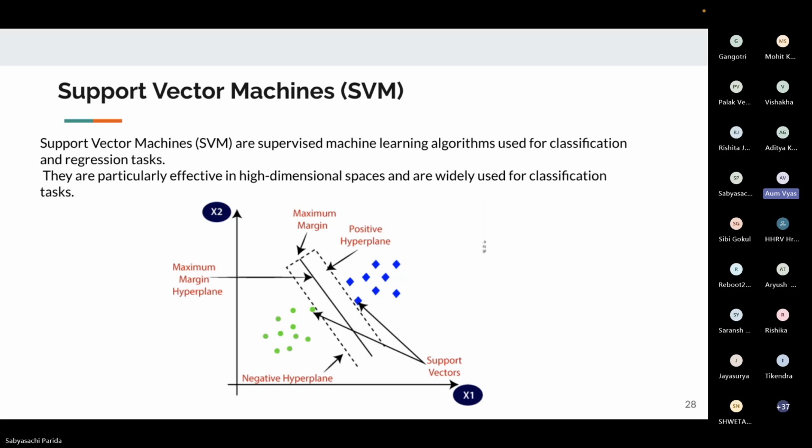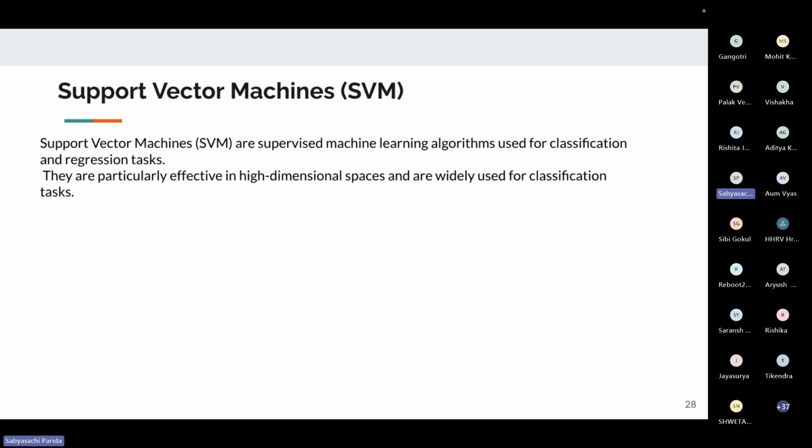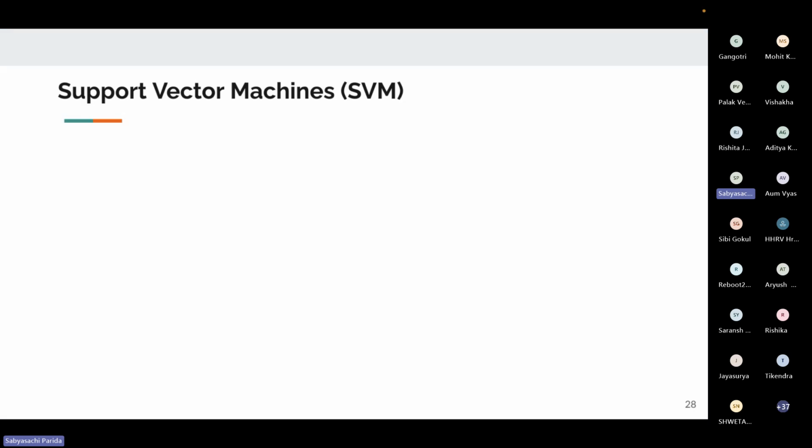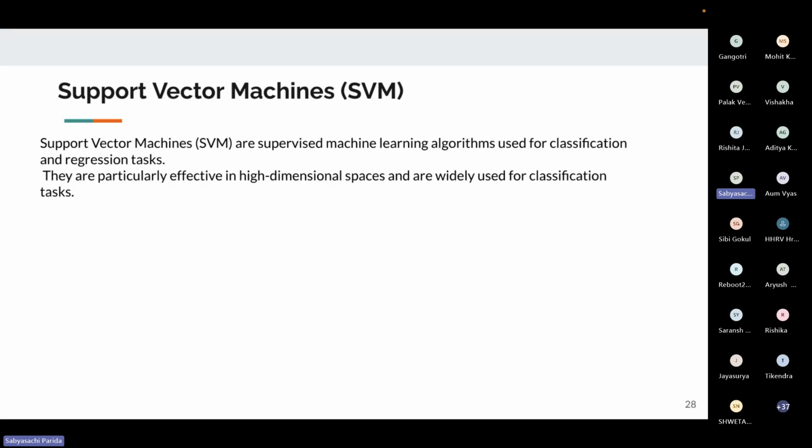We can proceed. Among the advanced supervised learning algorithms, what we will cover in today's session is SVM and naive Bayes. SVM is a supervised learning algorithm which can be used for both.